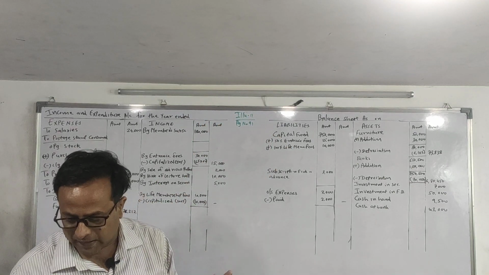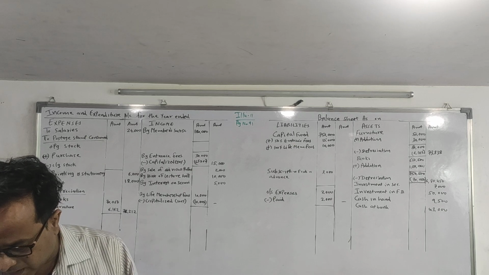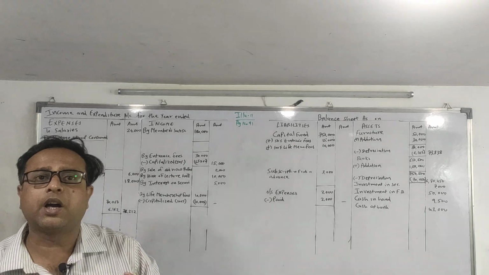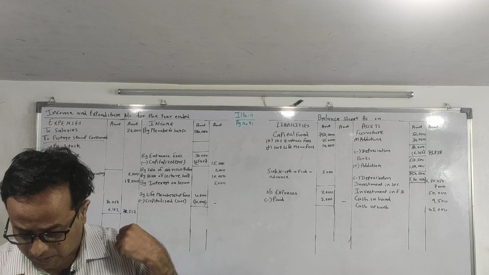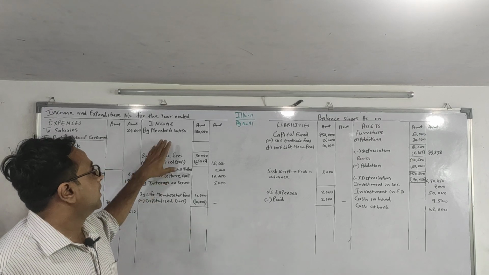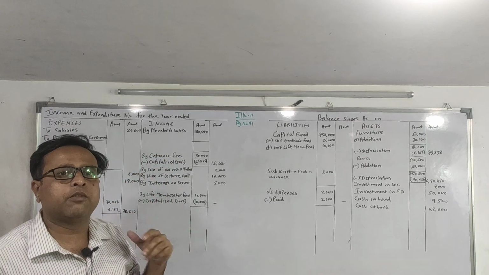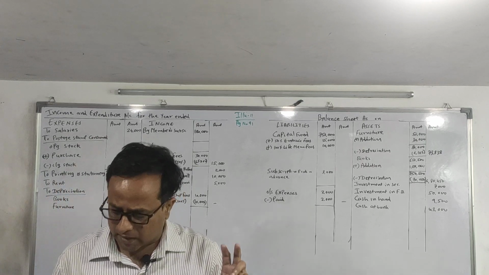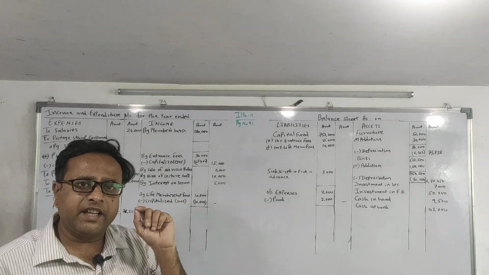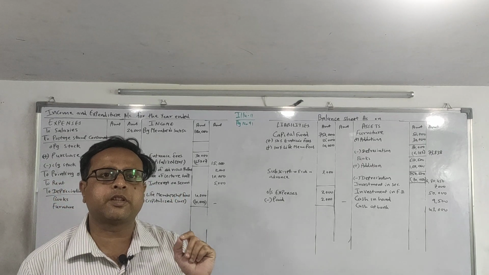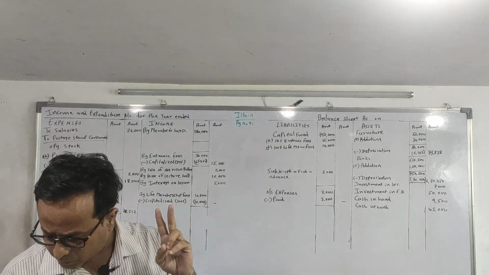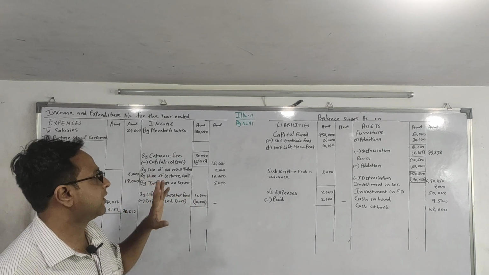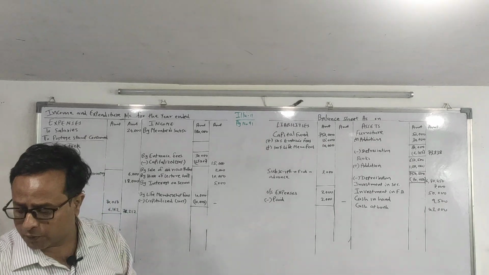Adjustment number 4. The library had 2000 members paying a subscription of rupees 100 each. By this adjustment, what they are giving us is that there are 2000 members and each member is paying a subscription fee of rupees 100. So my total subscription will be rupees 2 lakh.